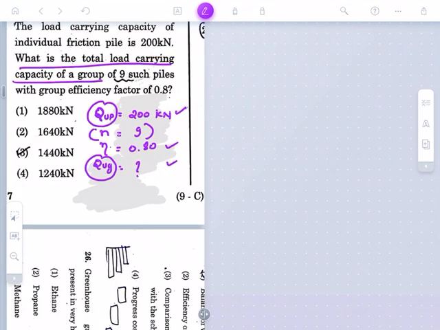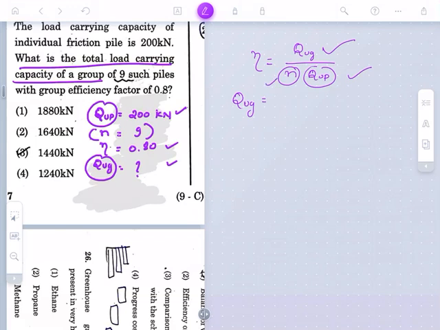QUG, the load carrying capacity of the group of piles, will be equal to the main formula: group efficiency of the pile is equal to QUG divided by the number of piles times QUP, where QUG is the load carrying capacity of the group of piles, QUP is the load carrying capacity of the individual pile, N is the number of piles, and there is the efficiency.